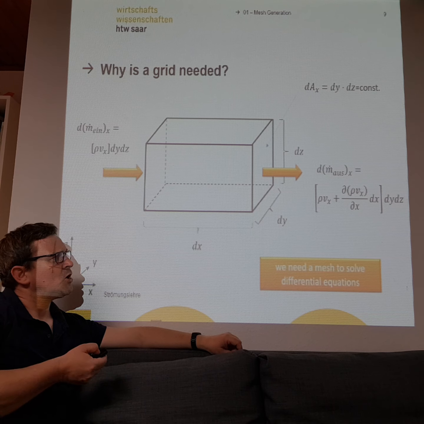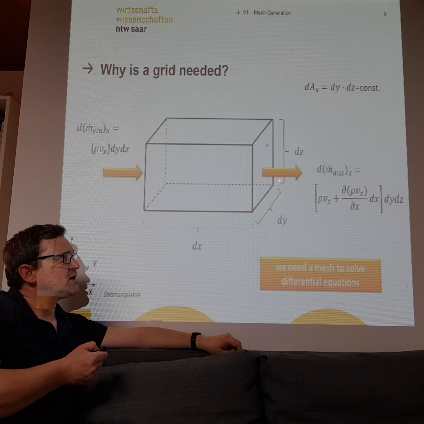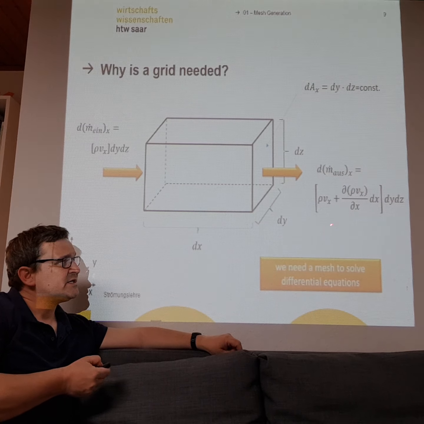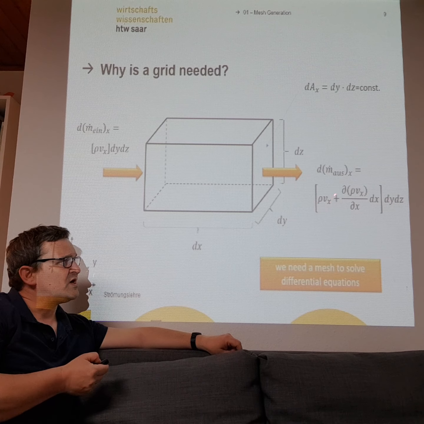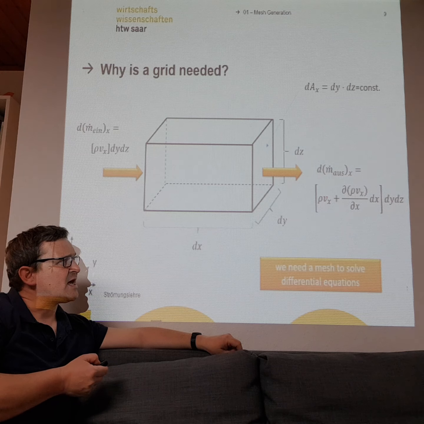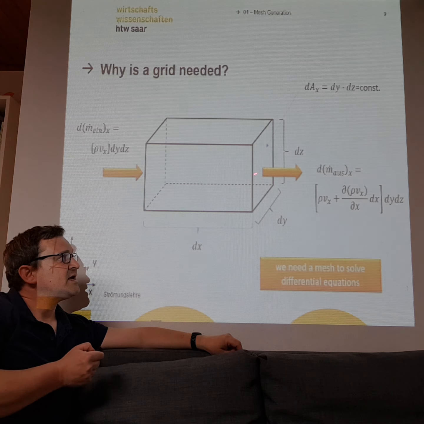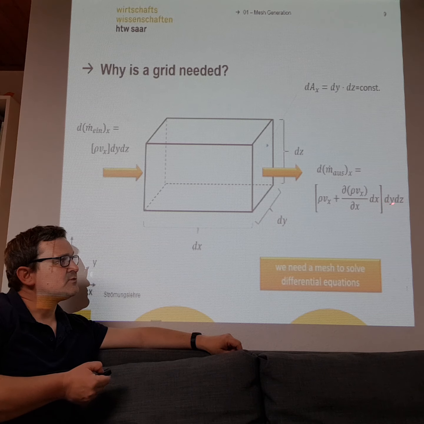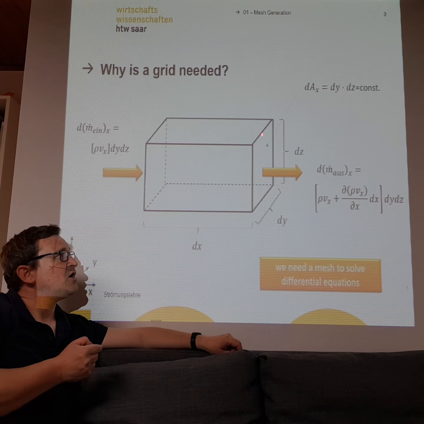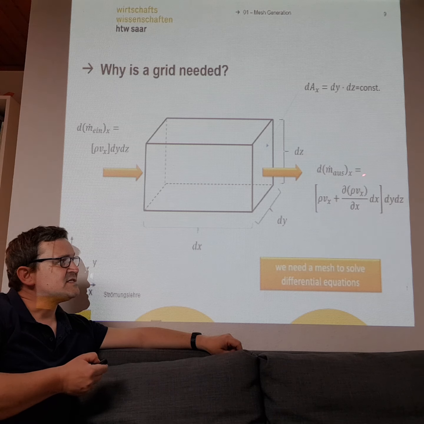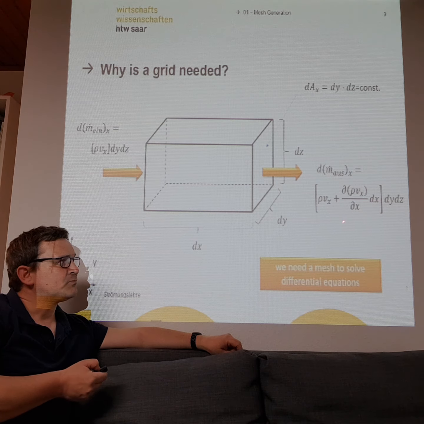And on the other side, what comes out of the cell? What is the mass flow that flows outside? It's nearly the same. You have rho, the density, times my velocity at this face, and you multiply it with the surface of this face, dy times dz. But here is an additional term.